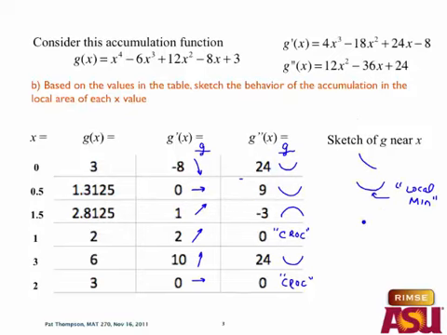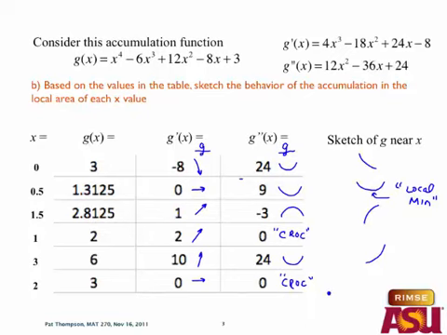Okay, then increasing, concave down at 1.5. On its way up and momentarily linear, momentarily constant rate of change. Okay, increasing, concave up. All right, and then pausing and momentarily linear.